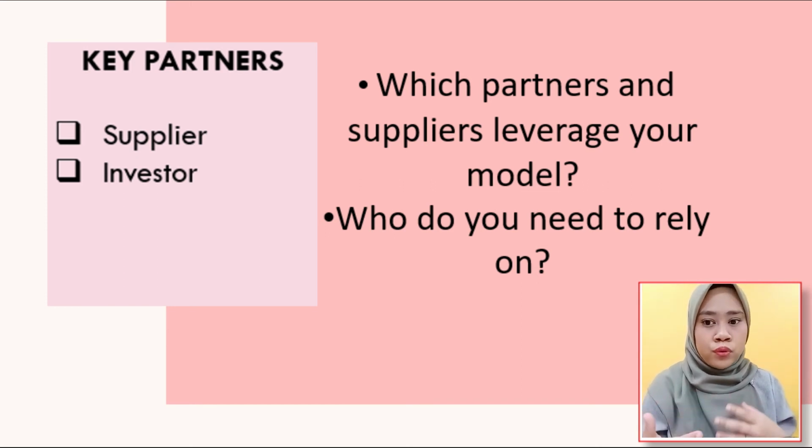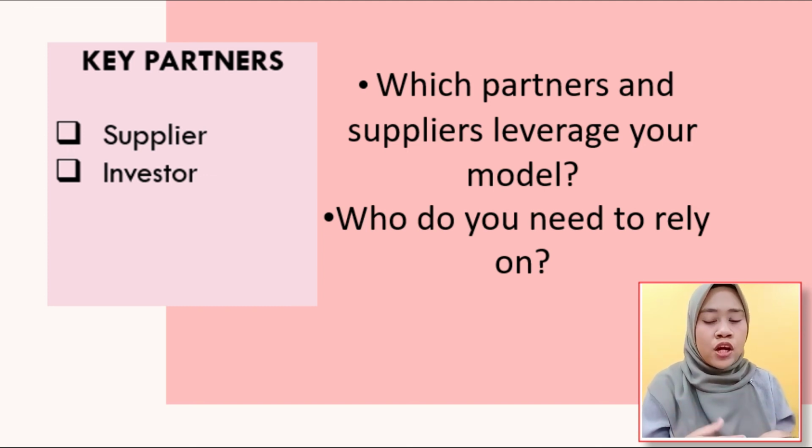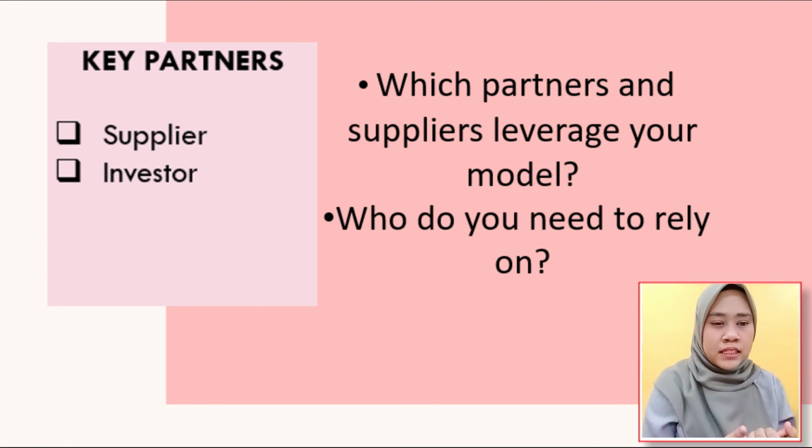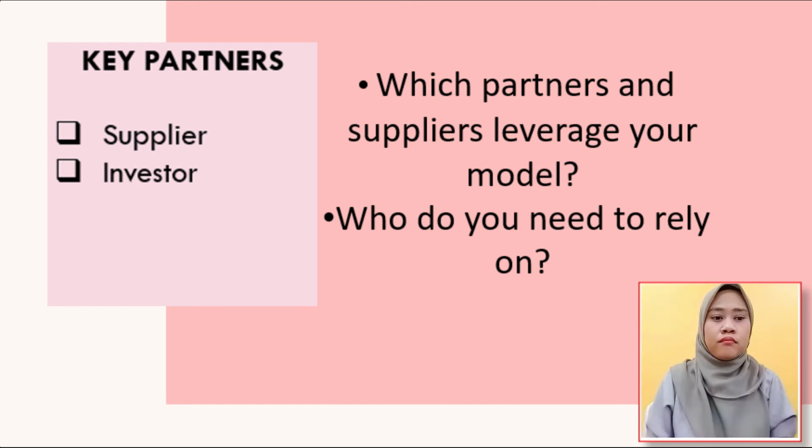As for Widodo, there will be suppliers and investors as the key partners. For the suppliers, the business needs to identify which suppliers can offer the premium ingredients at a cheaper price. While the investor would be the family member, who will be giving some capital to start the business.